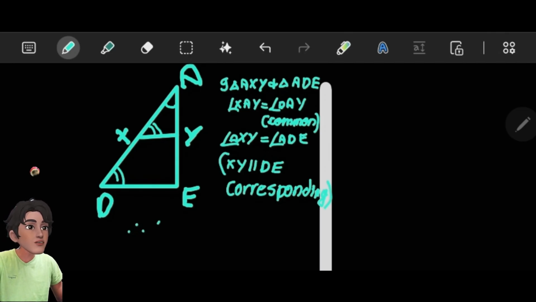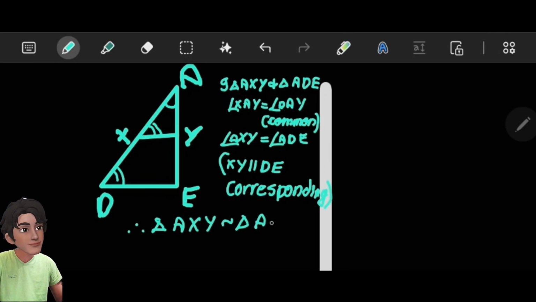Now, we can conclude that triangle AXY is similar to triangle ADE by AA similarity criterion.